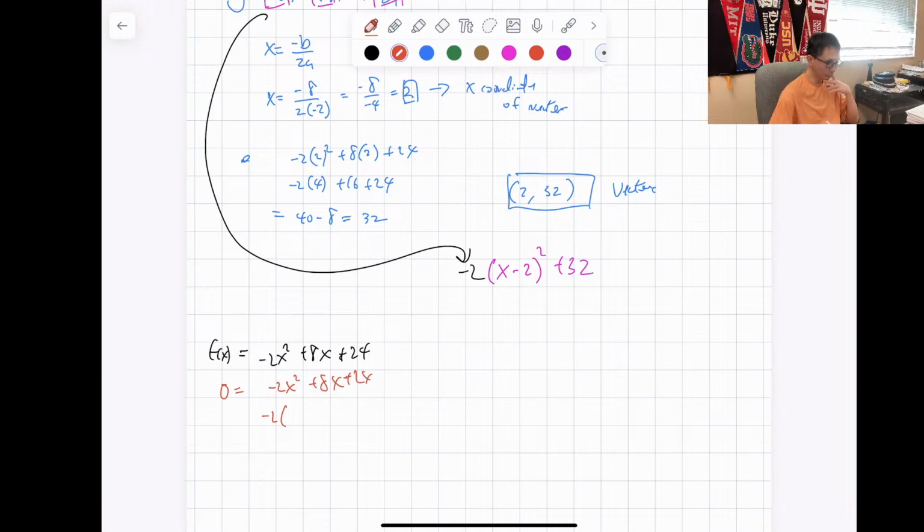Guess what? This can change to a factor form. And this is called factor form. You guys probably say, hey, how come you didn't introduce factor form? If something is factorable, you have factor form.